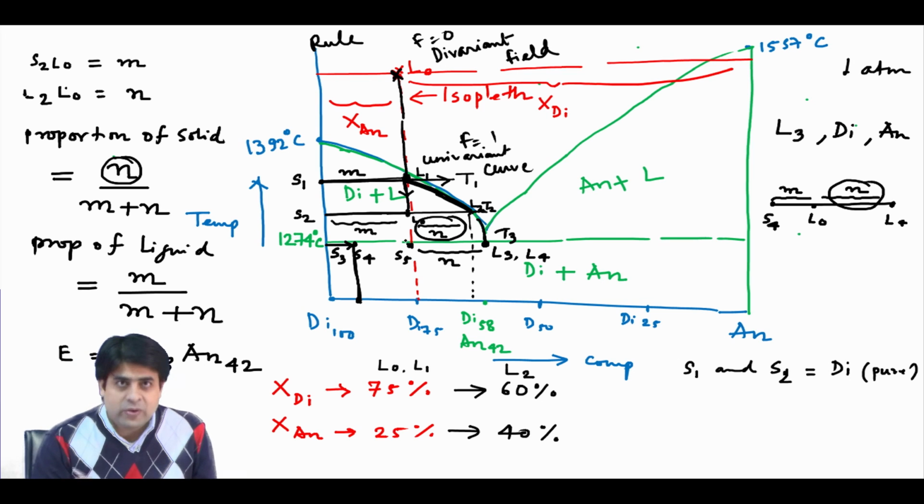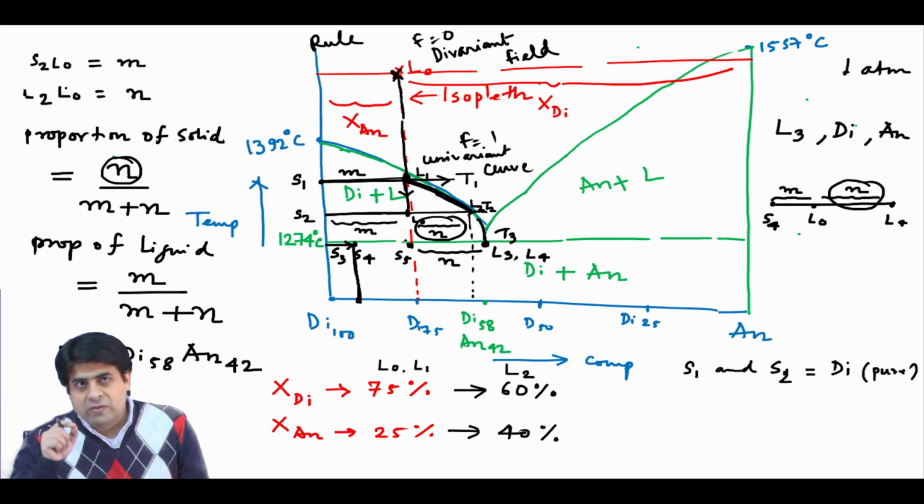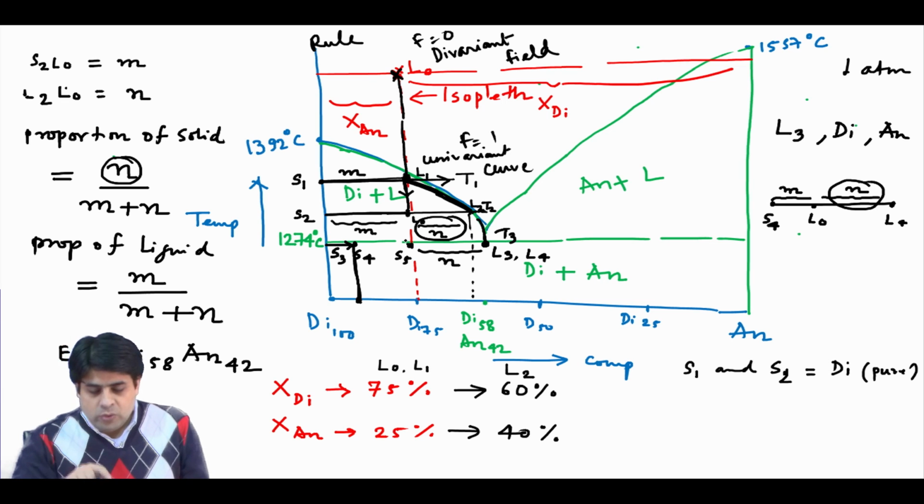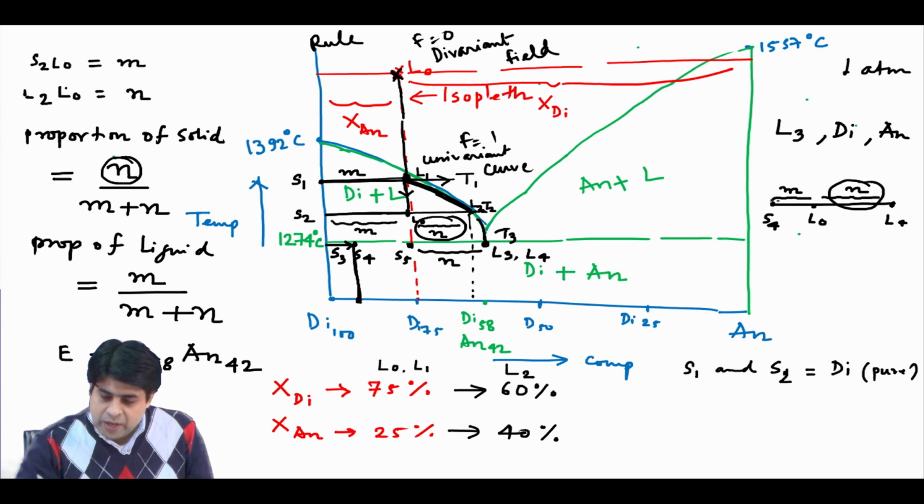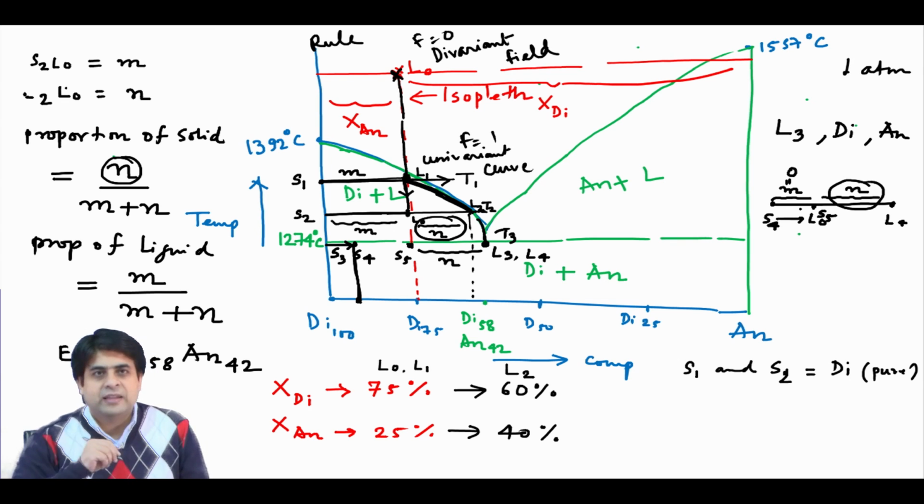So, at this point when your last drop of liquid is exhausted, M will be equal to 0, and M will be equal to 0 when your S4 moves to L0. So, that is, your S5 will move exactly to the L0 point.